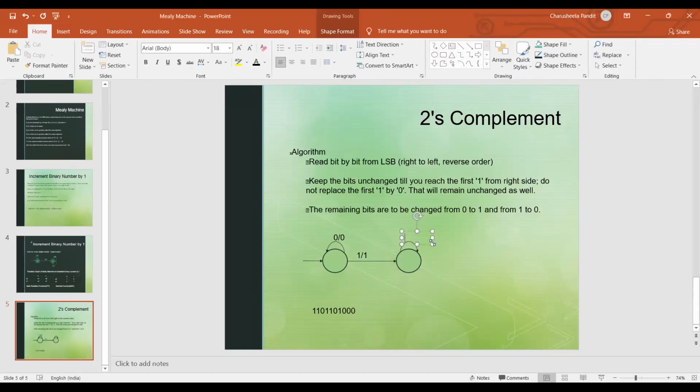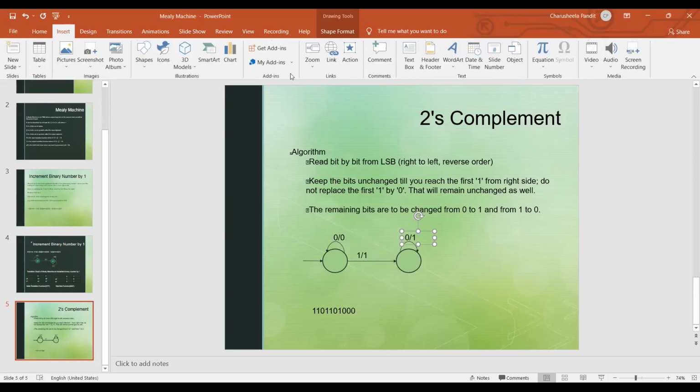So 0 you have to replace with 1. When it reads 0, it will produce output 1. And when it reads 1, it will produce output 0.